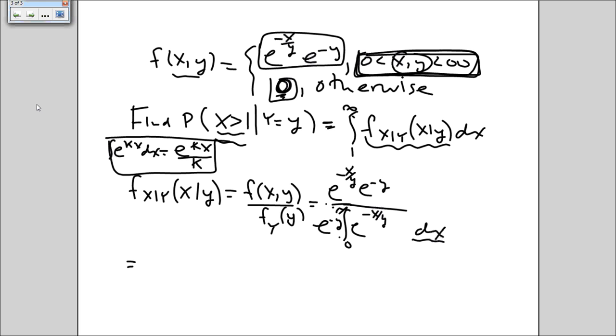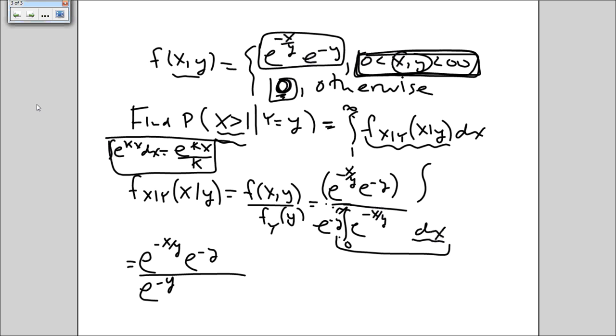So we have e to the negative x over y times e to the negative y, that's just the numerator, divided by the constant e to the negative y times this integral.